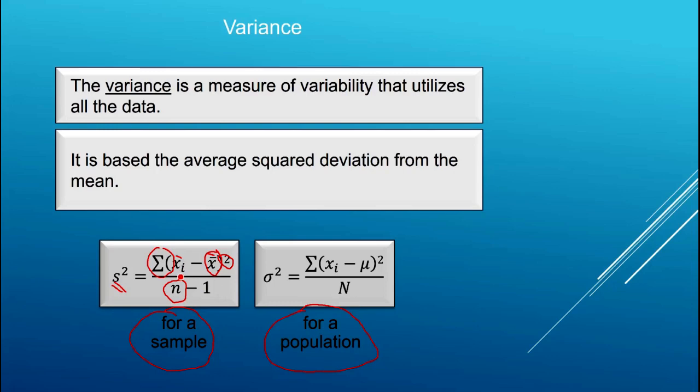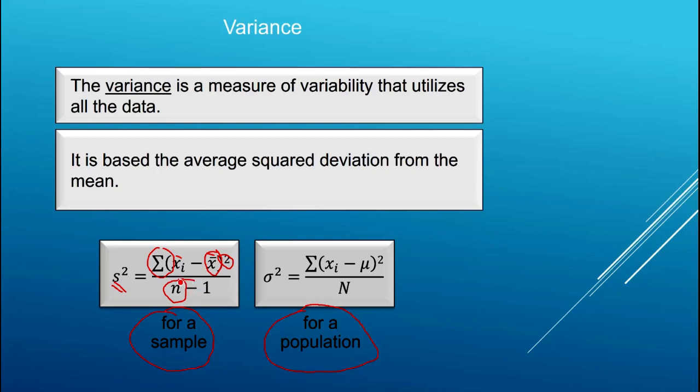Once we have calculated xi minus x bar for n minus 1 of the observations, the last deviation from the mean must satisfy the requirement that the sum of the deviations from the mean is equal to 0.